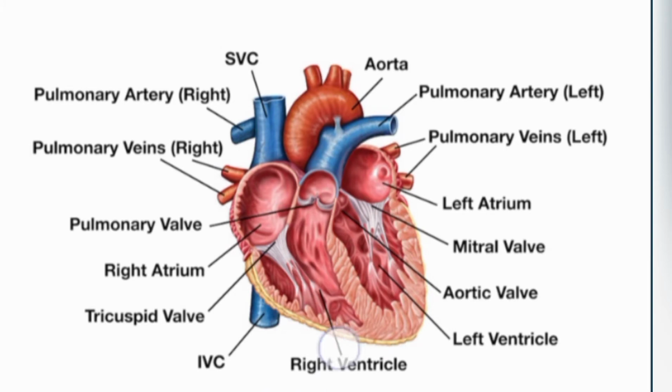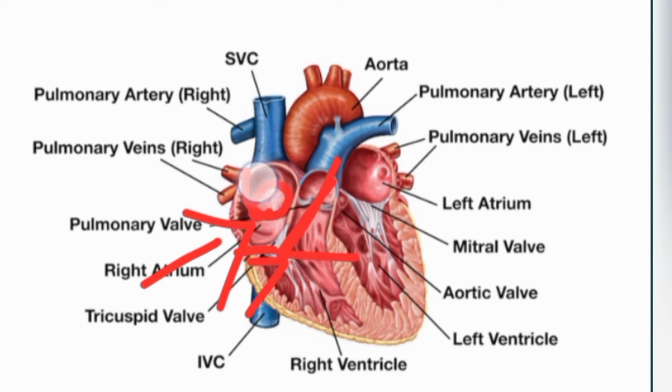In a similar way, just consider this as a balloon. This right atrium is filled up with deoxygenated blood, so it contracts, pressure is applied, and the blood is transported into the right ventricle.